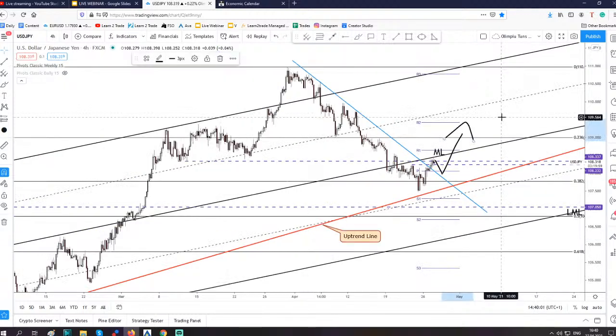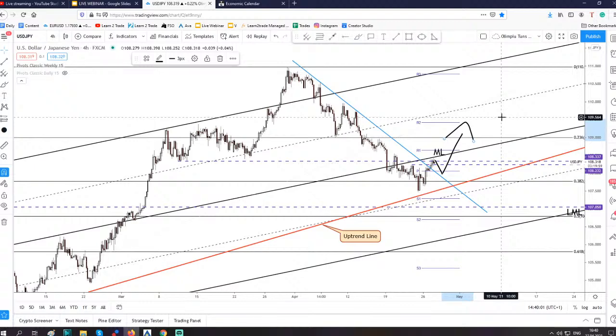And as you already know from yesterday's video analysis, I've told you that the bias remains bullish here despite this drop, as long as the price stays above the uptrend line. And as I've told you, the price could come back down to test and retest these immediate support levels before jumping higher.